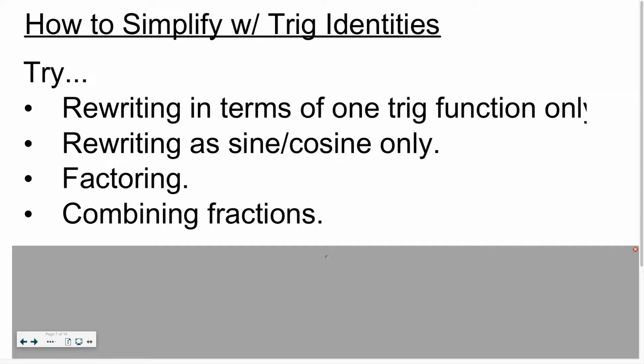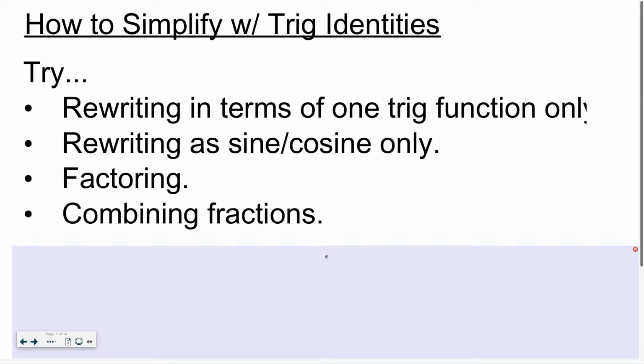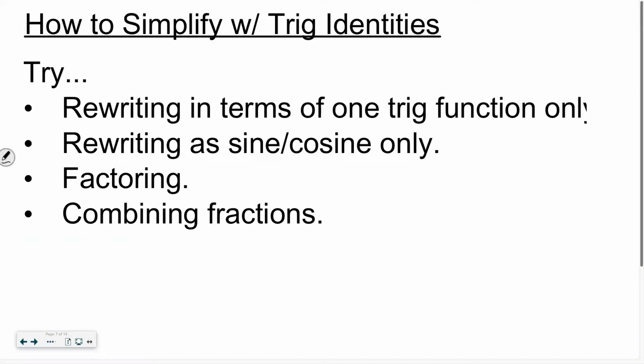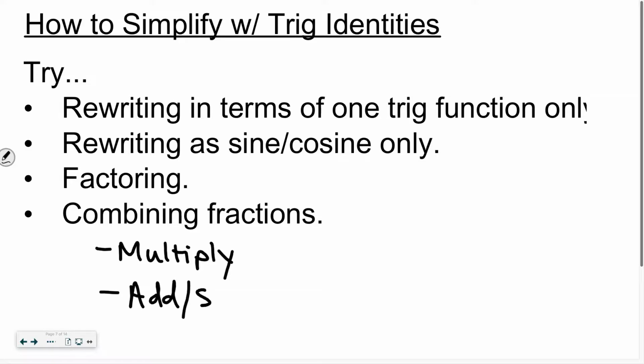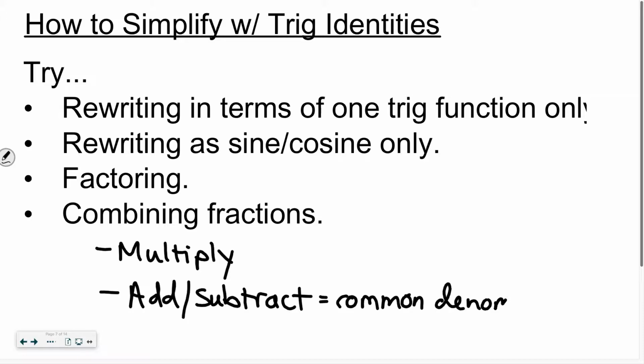And then the last tip that I have is combining fractions. For combining fractions, I'm just going to add two little statements here. I mean by combining fractions, like maybe multiplying your fractions or adding or subtracting your fractions. And just remember, you need common denominators to add and subtract fractions.